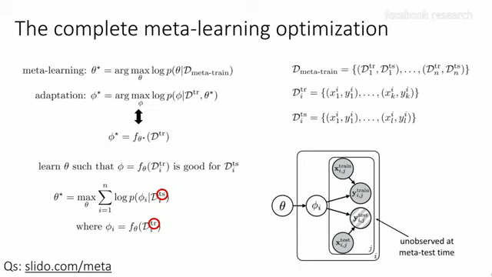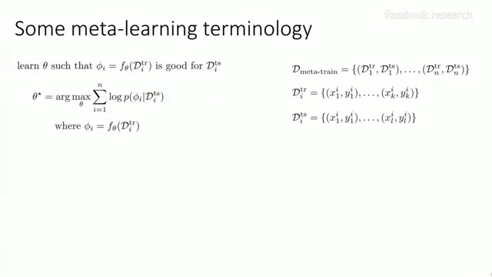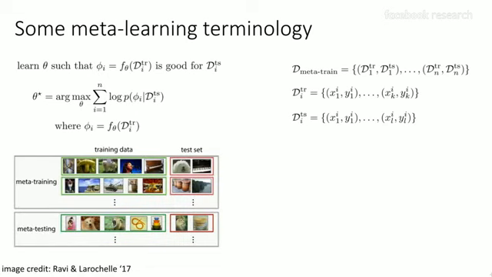Okay, so this basically defines the meta-learning problem, but let's round out this explanation with a little overview of terminology, because we'll see a bunch of this terminology pop up again and again during the tutorial. So we make a distinction between meta-training, meta-testing, training, and testing. You're learning the parameters theta during a meta-training phase.